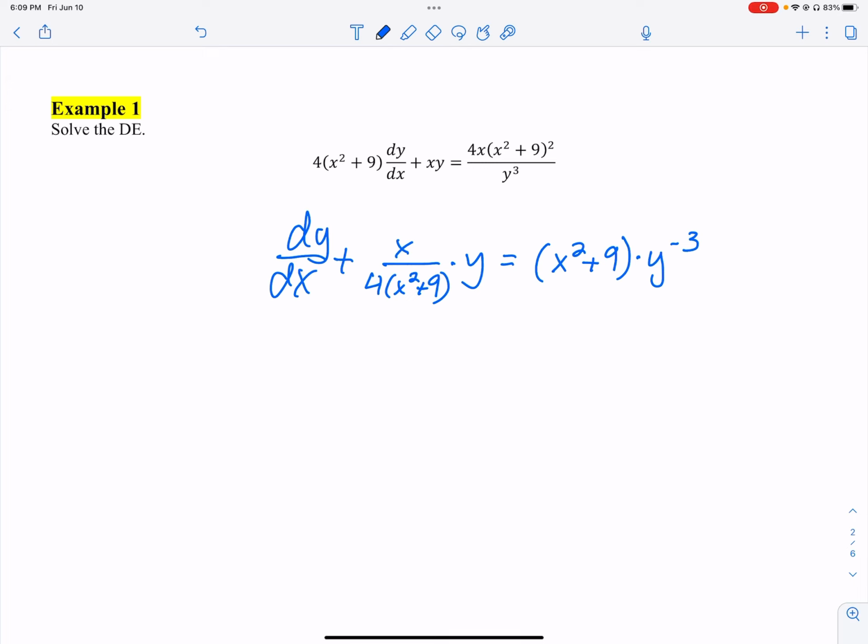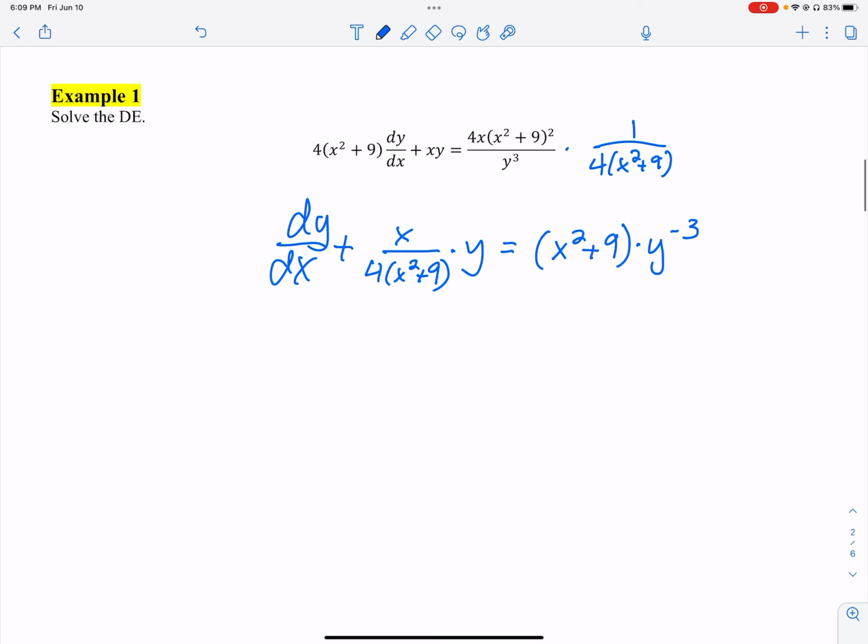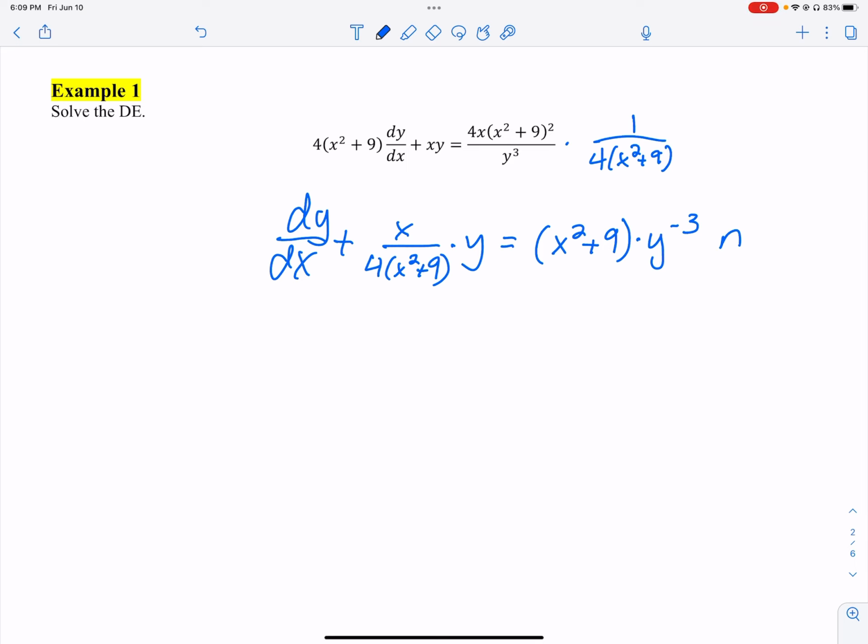Make sure you're okay with that. We are multiplying or dividing by this, so think about how things cancel there. I brought the y up to get the negative 3. This is now in that form, so n is negative 3.